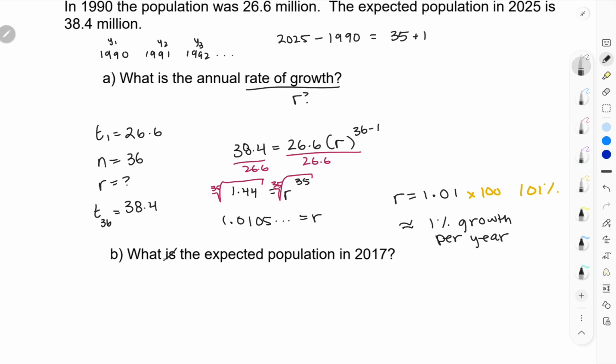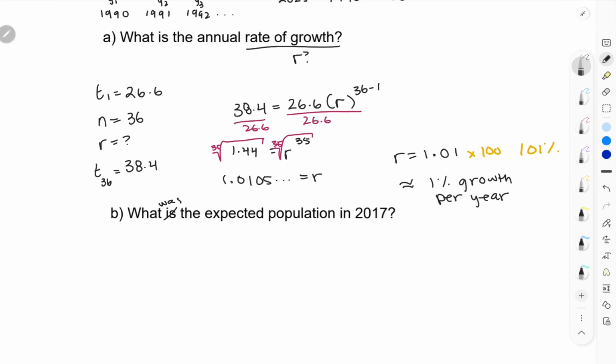What is more like what was the expected population in 2017? Well, now I know. Again, I can start from T1, 26.6. I now know my R is 1.0105. I'd keep at least this many decimals if you don't already have it stored in your calculator memory.